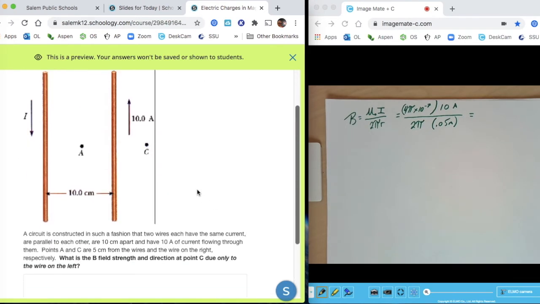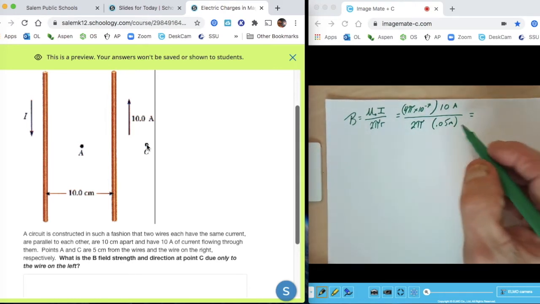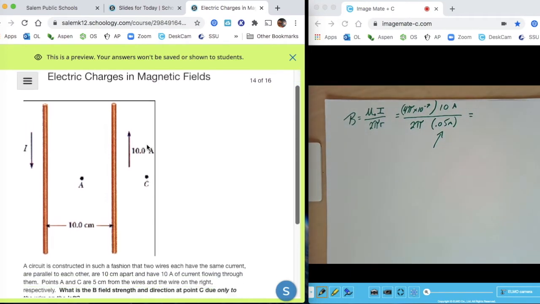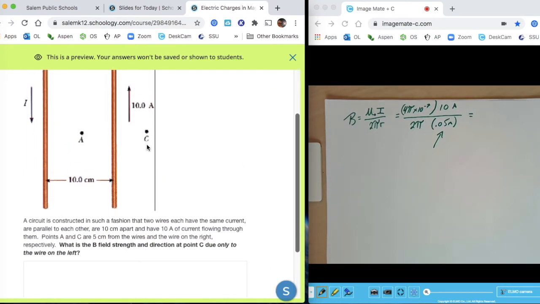Number 14. How about point C due only to the wire on the left? Well, it's the exact same formula, except it's 5, 10, 15 centimeters from the wire on the left. Sorry, this is number 14, I think I misspoke about the earlier one, but whatever.